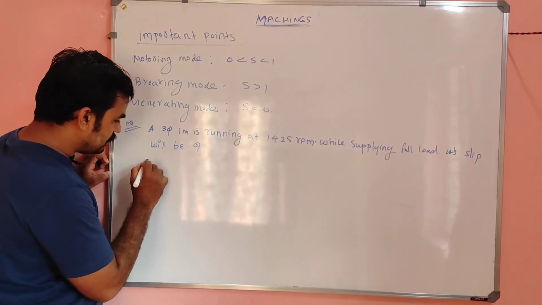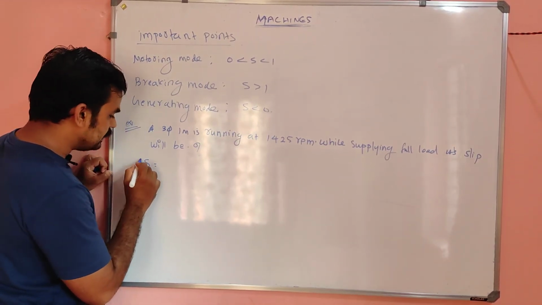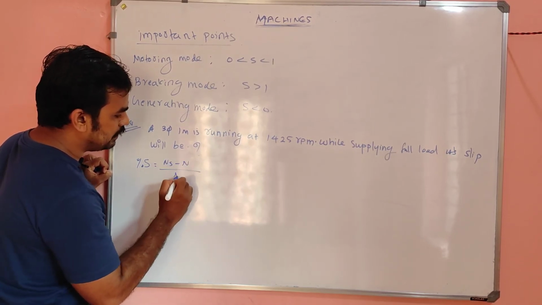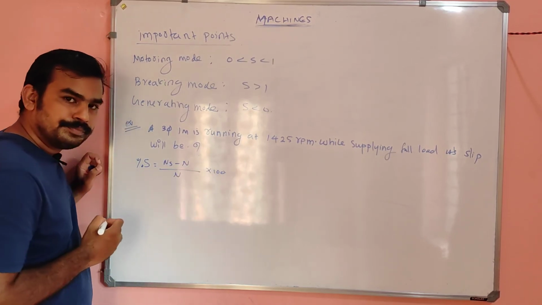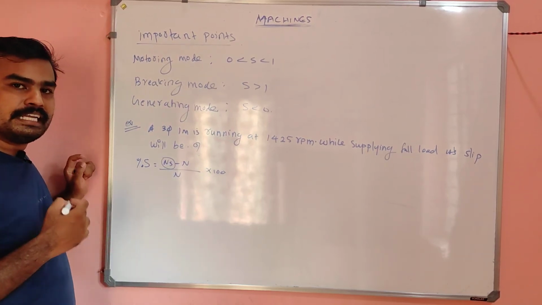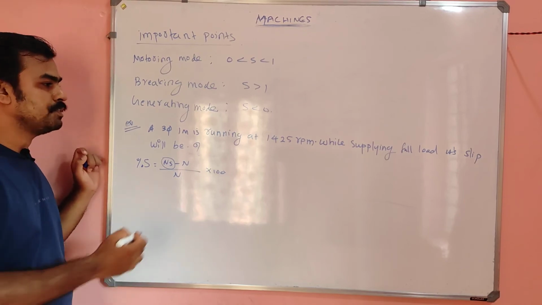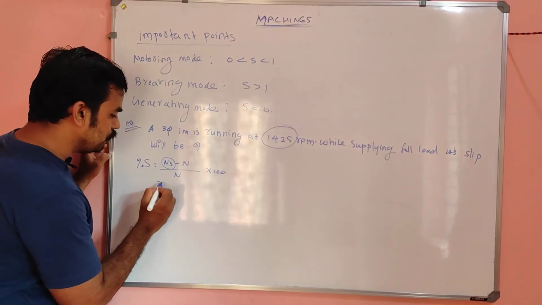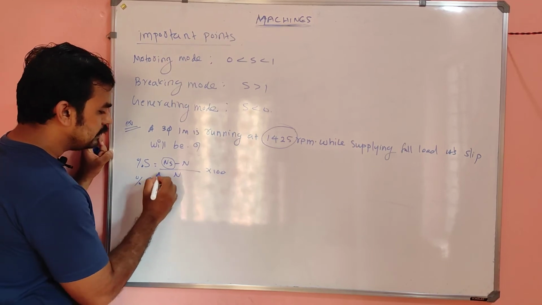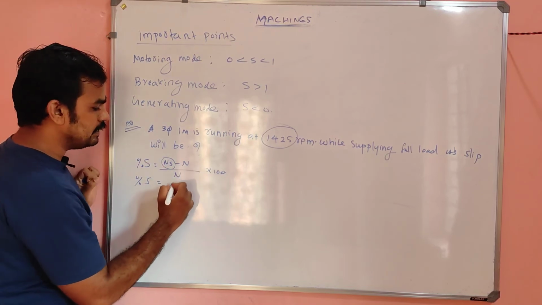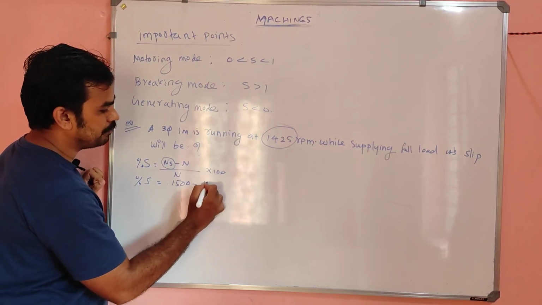What is the formula for slip? Percentage slip is equal to (Ns minus N) divided by Ns, into 100. There is no mention of Ns, because we only have this 1425. In that case, we have to take Ns near to the speed, which is 1500 rpm.